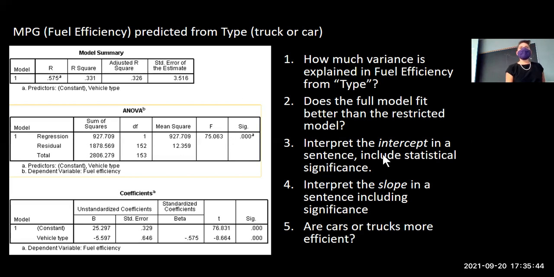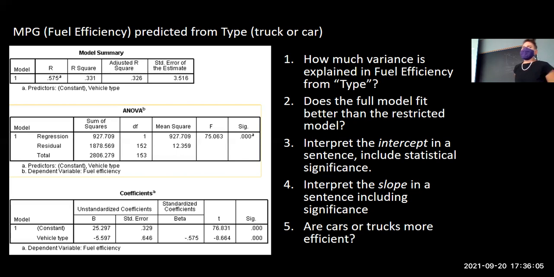Okay, and so does it fit better? Yes. You know from the sums of squared errors and from what else? Yeah, the significance test over there, the F test. Those significance tests.